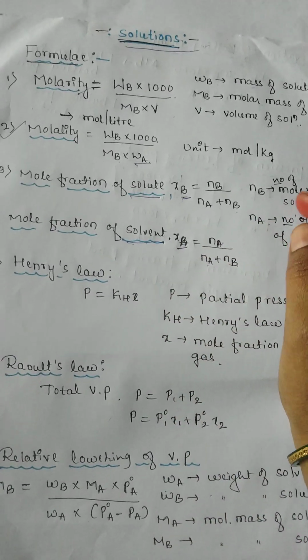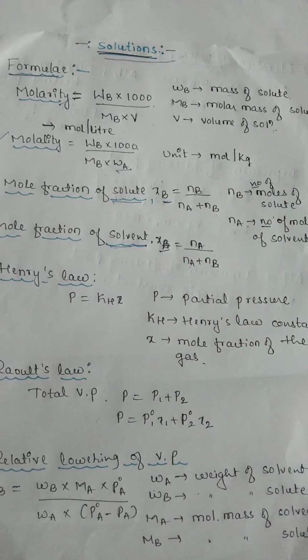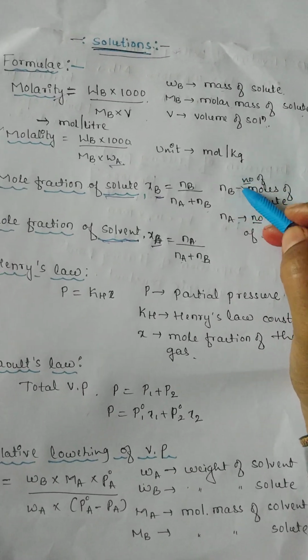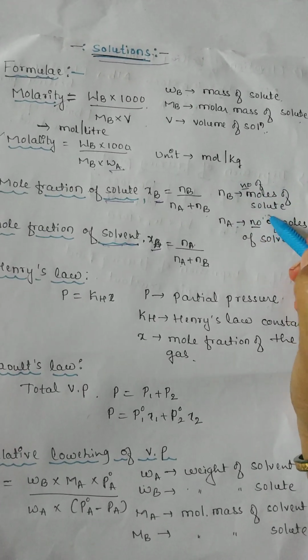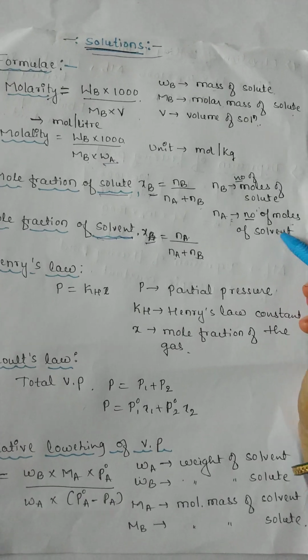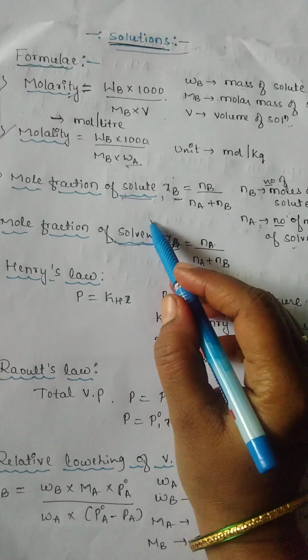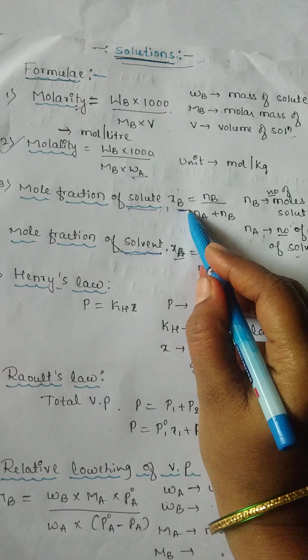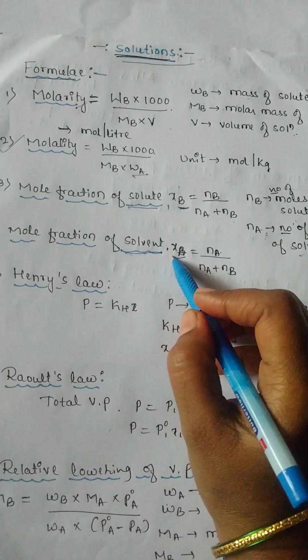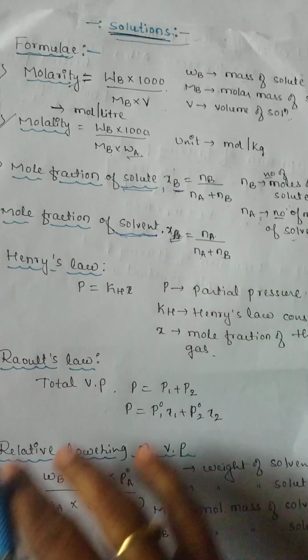It may be MA, MB or WA, WB. Here NB is the number of moles of solute, NA is the number of moles of solvent. Here it is the mole fraction for a solute and mole fraction of solvent.